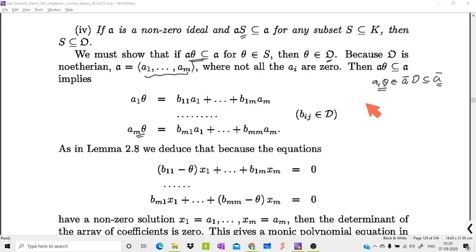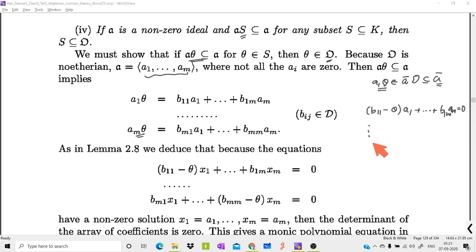Now we consider the equation (b11 minus theta) into a1 plus etc. plus b1m am equal to 0, by transposing this a1 theta to the right.